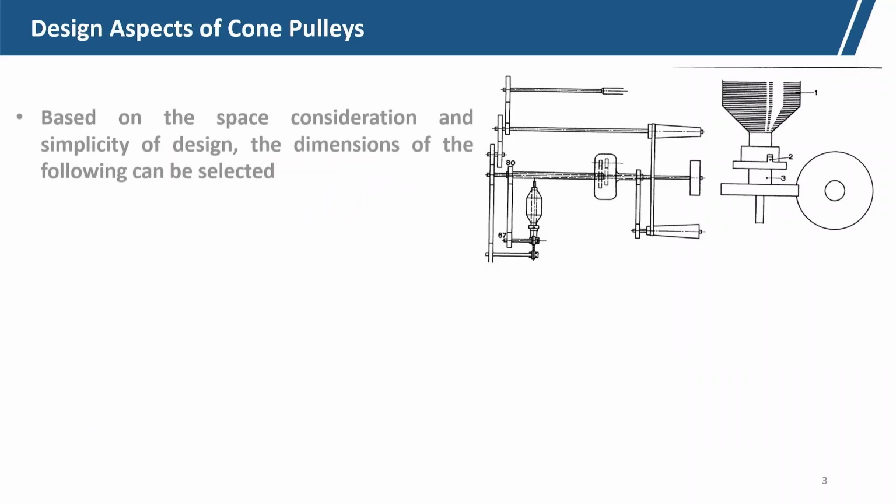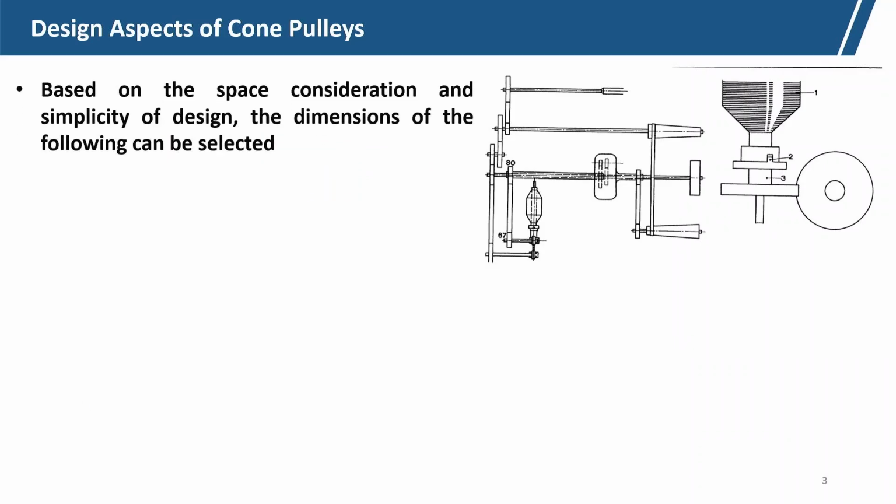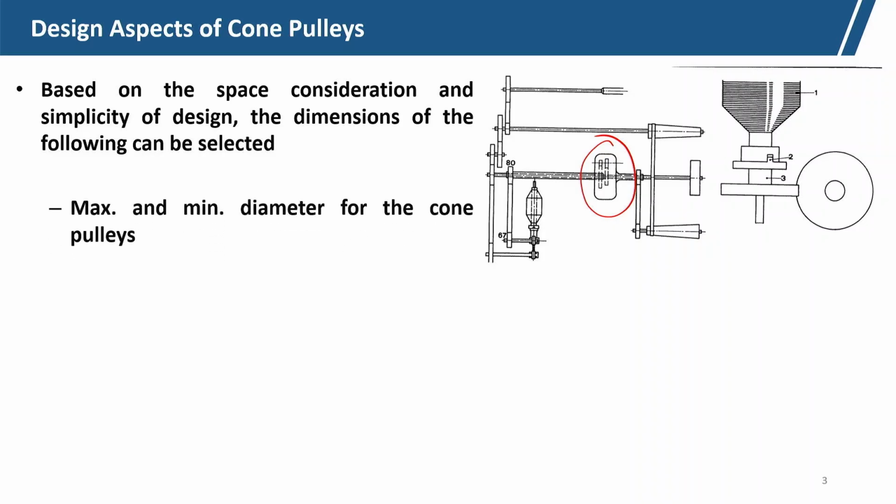Now, based on the space consideration, a specially designed epicyclic gear is used. So, the dimensions of the following can be selected: the maximum and minimum diameters of the cone.